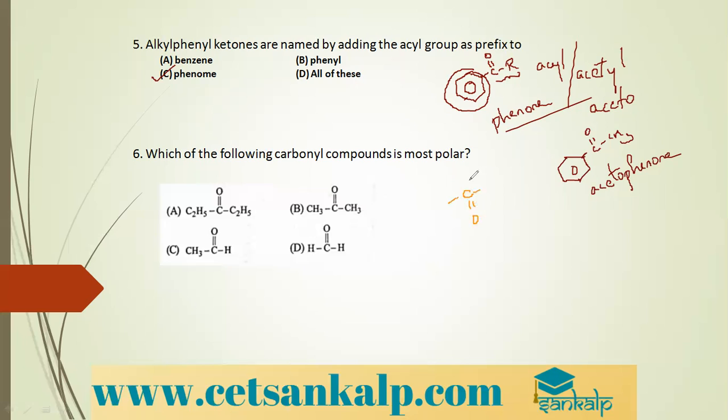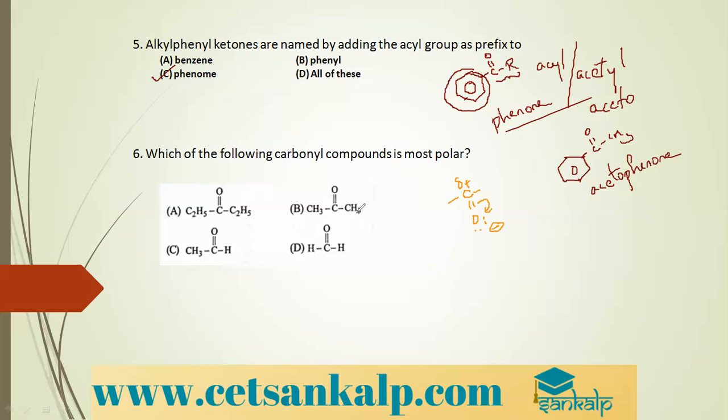Since oxygen is having lone pair, whenever the bond breaks, it will attract the electrons and oxygen becomes slightly negative and carbon becomes slightly positive. So where the lowest electron density is there for carbon, that becomes most polar. Electron density should become more and more less.